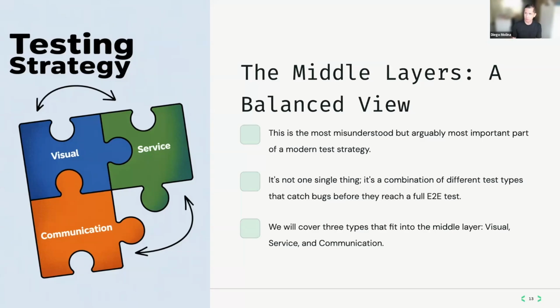I think this is the most misunderstood layer, but it's the most important one, because you can still have tests that are pretty smart and pretty fast without actually opening a browser. So the idea is that you can combine these tests to refine the shape of the pyramid, and then leave the most valuable ones as complete end-to-end tests.